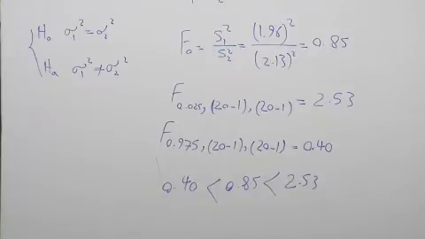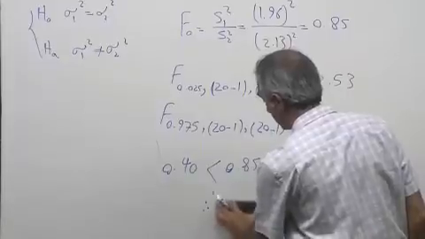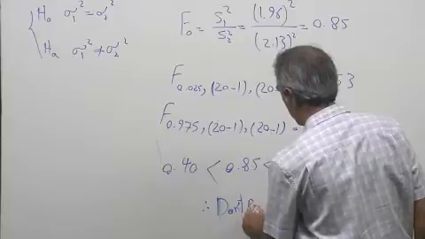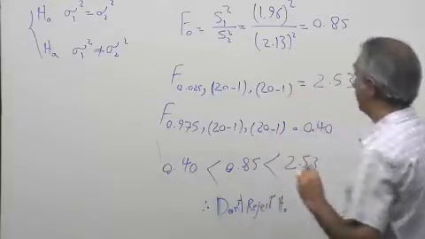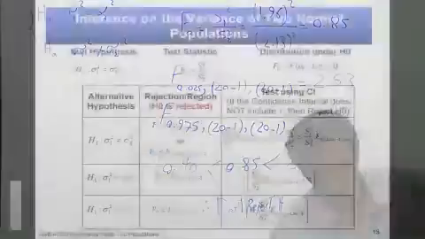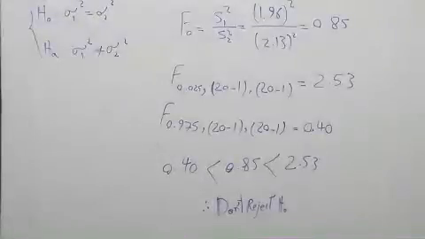Therefore, there is no evidence for rejecting H naught. We do not reject it, because the critical region is where F0 is greater than the upper number or less than the lower number. Does it make sense? Any questions?